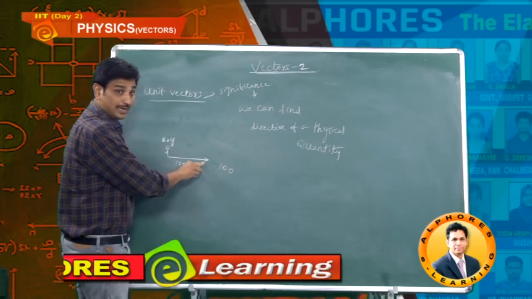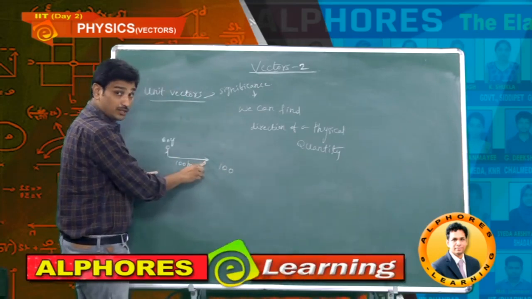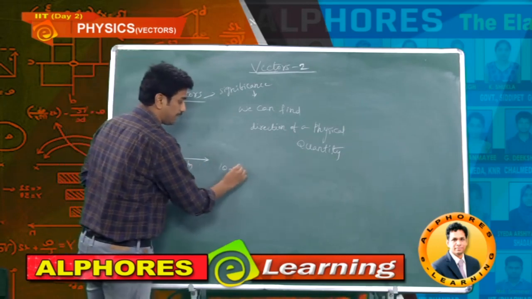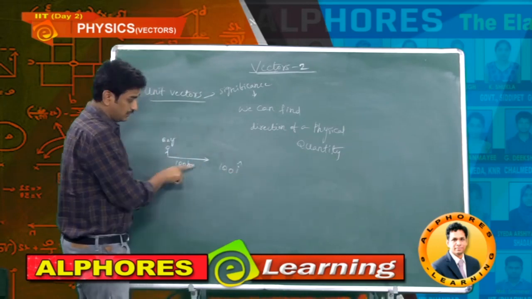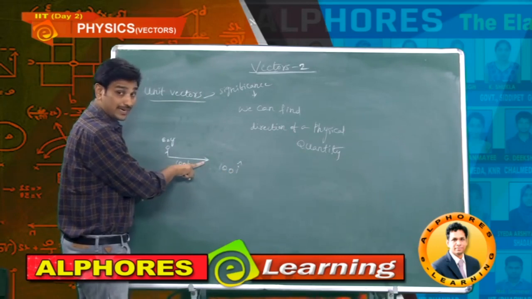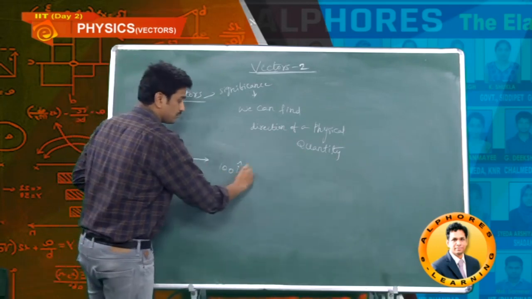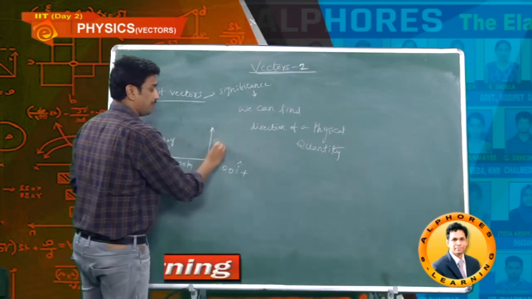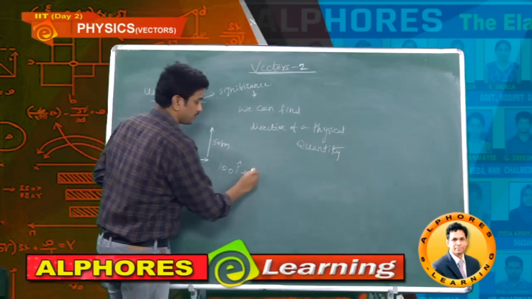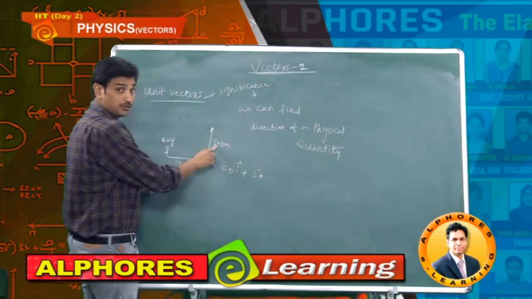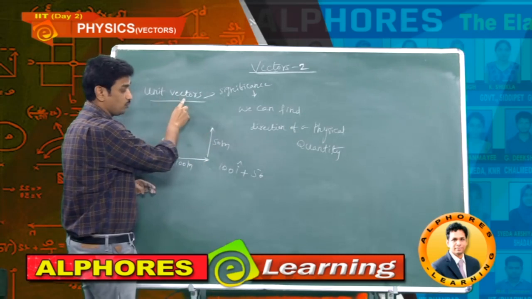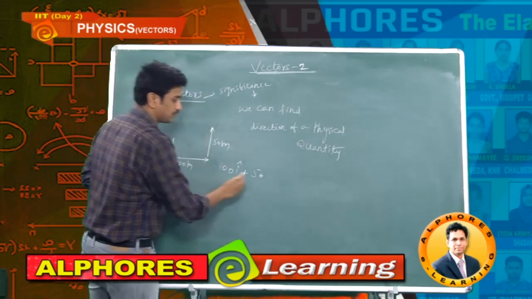Then I should take the help of a unit vector, because I don't know the direction of this 100 meters. Then I will take the help of I cap. I cap is a unit vector. It represents the direction of the x axis, this direction. Suppose after 100, 50 meters along the y axis. I know the magnitude 50, but I don't know the direction. I should take the help of a unit vector.